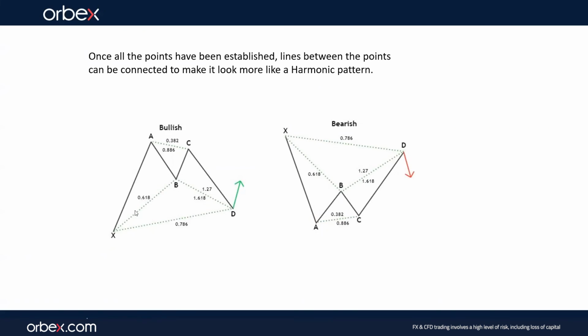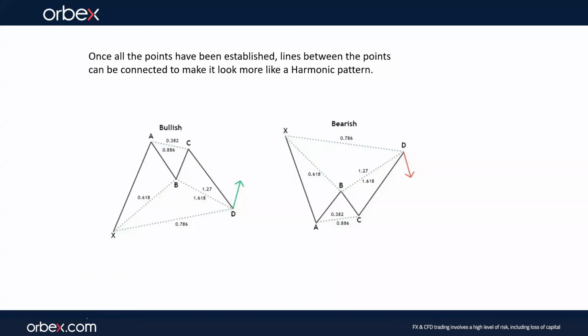So the 618% is basically a retracement of A to B to create this point B. And then we've got to create point C. It can run anywhere between 38.2 and 88.6 of the retracement of B to A. And then from C to D, sorry, I missed out 78.6. 78.6 is a retracement to form point D. And that's using the same Fibonacci retracement that we got X to A on. And then remember, this is for Gartley. And then we've got this expansion of the Fibonacci from ABA.